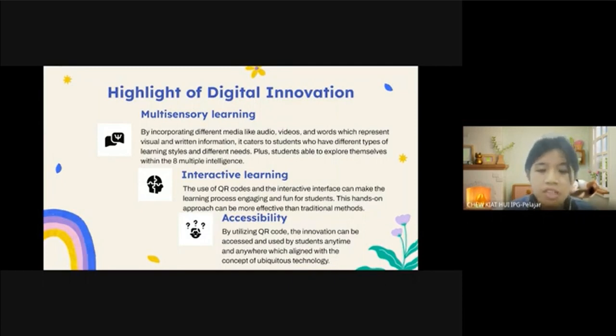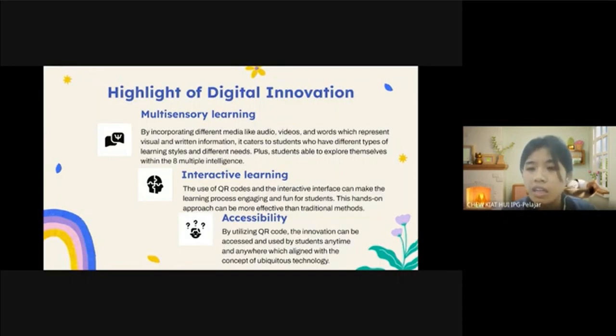So instead of dealing with the learning problems stated before by my friend, so I'm sure that these three highlights will be a very good points to convince people to have a positive impression on our smart food.